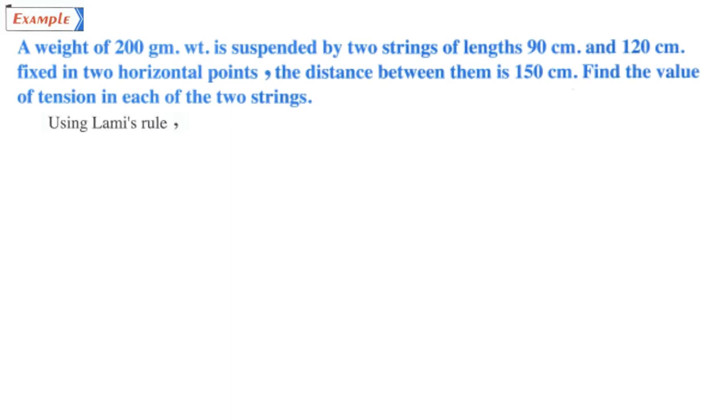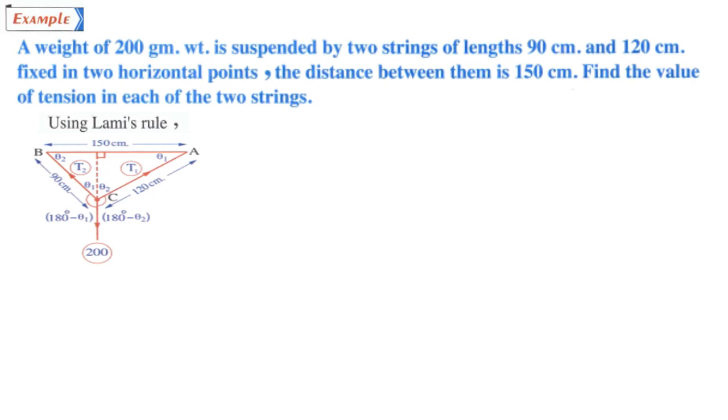First, we will use Lami's rule. In this figure, the tension T1 and the tension T2 and the weight is 200.